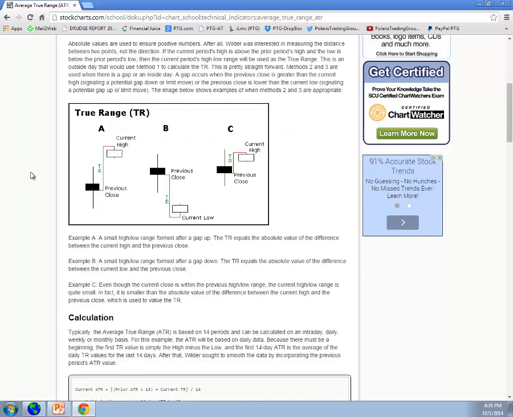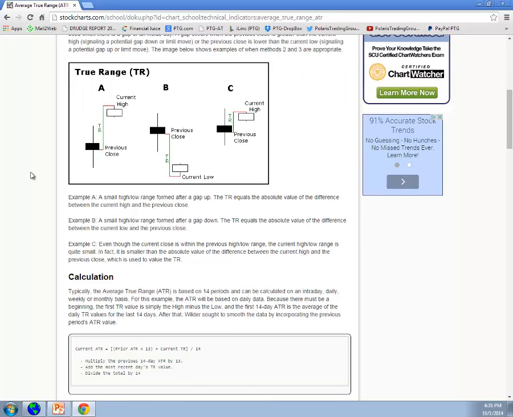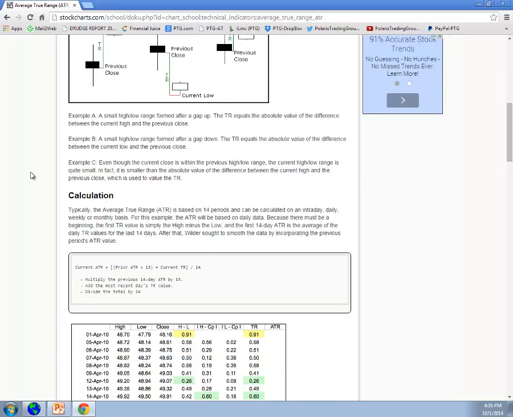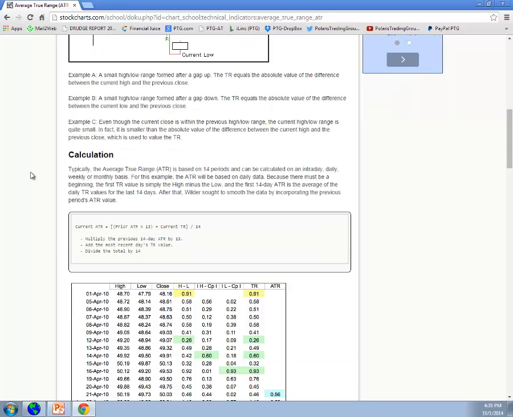What I really want to do is get involved in how we use the average true range and the construction of the stop line that we use for our trading purposes. There's a lot of information on this website, so go into that calculation if you want more detail. There's actually a formula in there that calculates it.